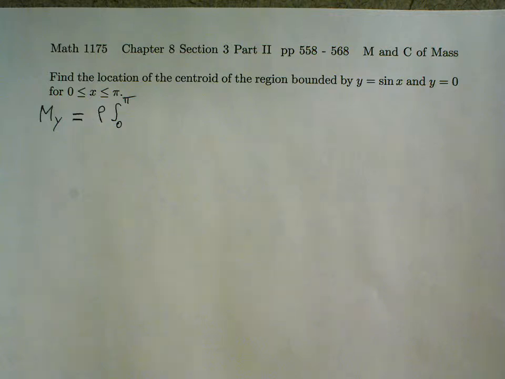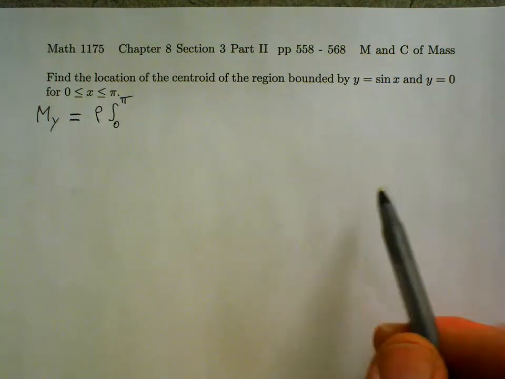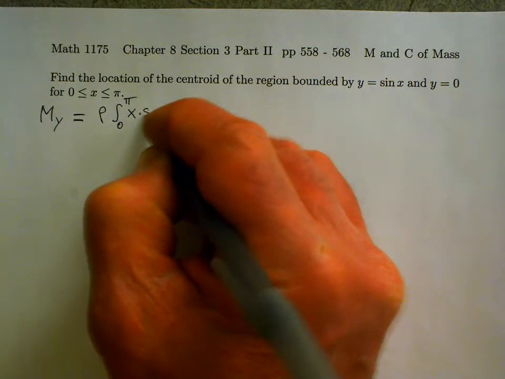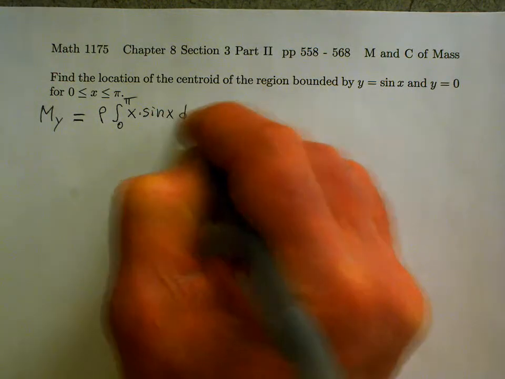So on the previous page is the formula. You can look at the formula. Okay, there's an answer online: x times sine of x. In general, x times f of x. So x times sine of x dx.